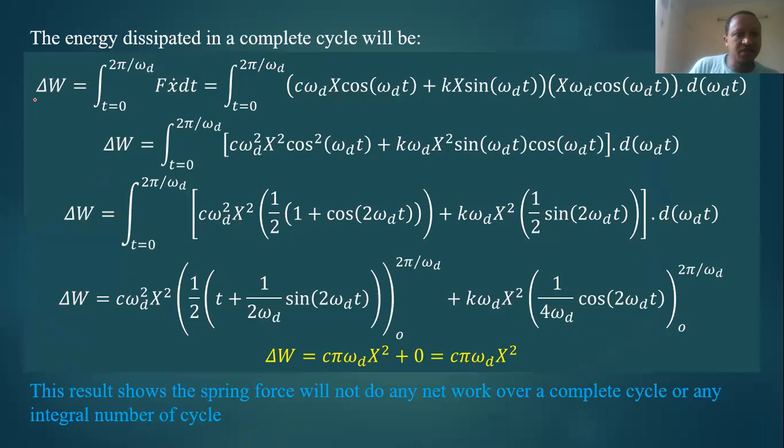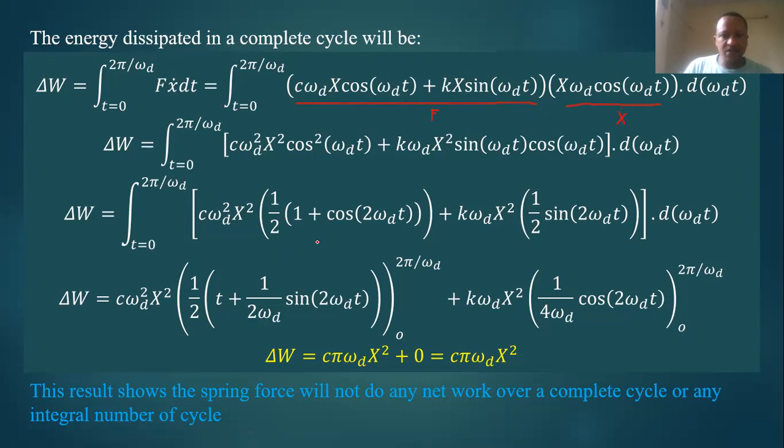F is already defined, this is the F term, and x dot is this term, with dt in terms of omega d t. So from this we compute by just multiplying this term with this, and with this. Finally, we can get this one.